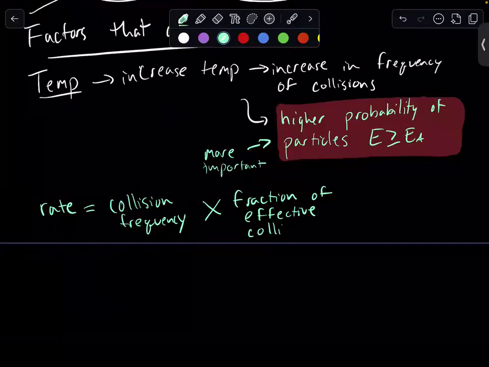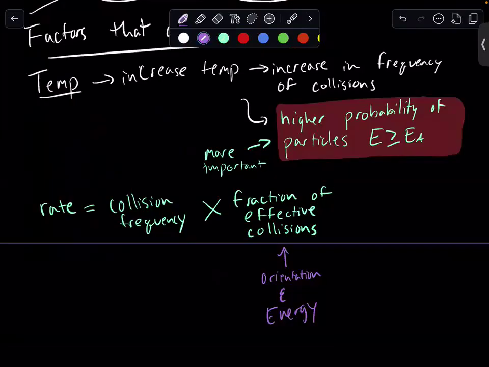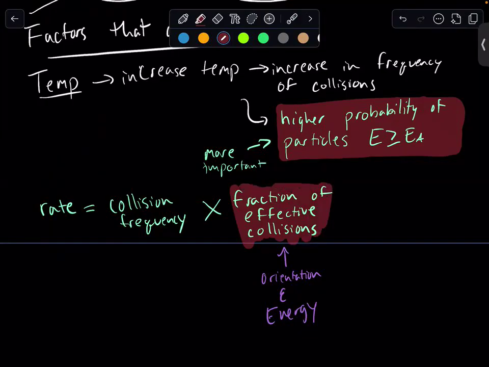So effective collisions is going to refer to both orientation and energy. And once again, as I mentioned with temperature, that's the more important one. We focus more on having more effective collisions. That's going to have a greater effect on rate than just a higher frequency of collisions.